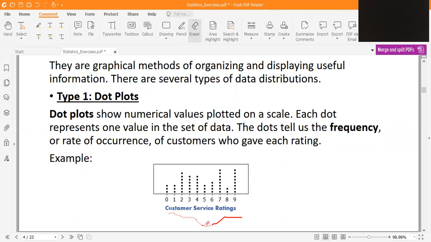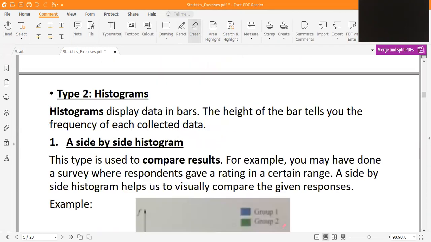The first type is the dot plot. Another type is the histogram. A histogram is displayed as bars, and the height of the bar tells you the frequency. Frequency means repetition, how many times this value is repeated.